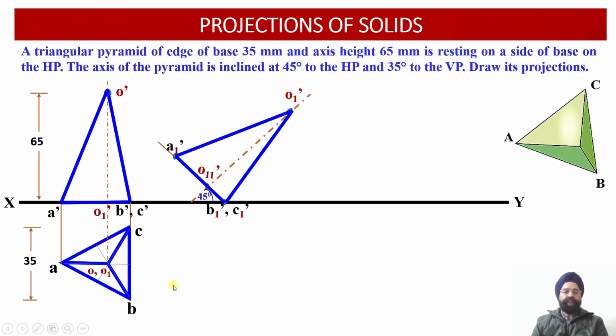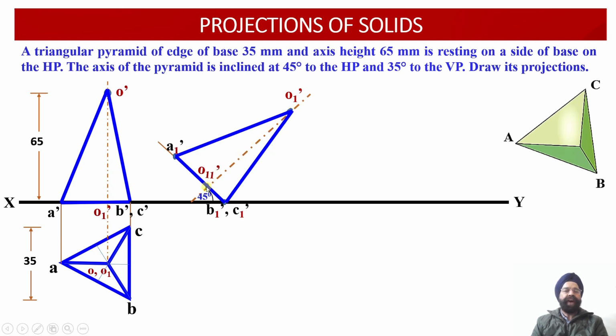Now, the corresponding top view projections of this inclined triangular pyramid need to be obtained. So how can we obtain the top view projections? Now we can observe that in the front view we have got 5 points over there, A1 dash, B1 dash, C1 dash corresponding to the base, and O1 dash and O11 dash corresponding to the axis.